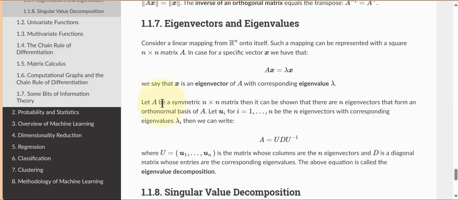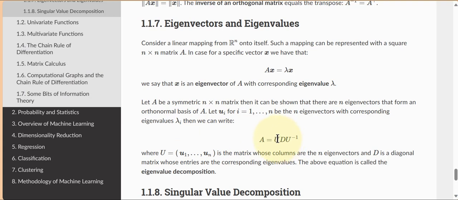So let's say that again. If A is symmetric, then there are actually n eigenvectors for it. And not only that, but they form an orthonormal basis for A. Suppose that we take all of those eigenvectors, the normalized ones, the ones that are of unit length, and we line them up so that we can form a matrix.